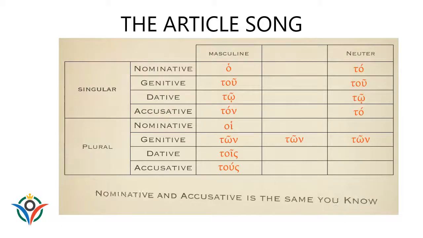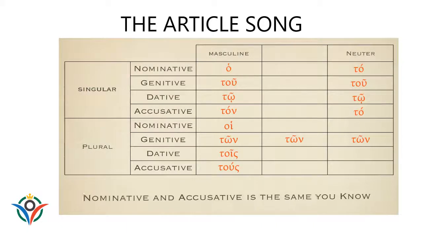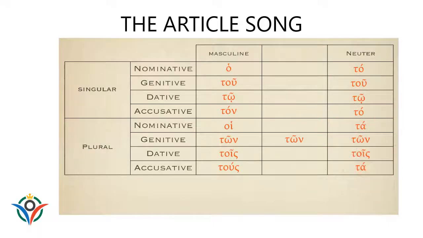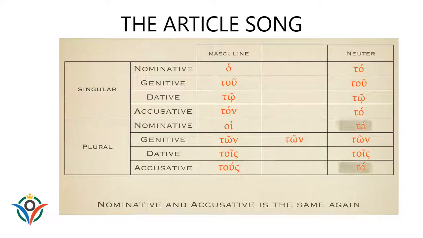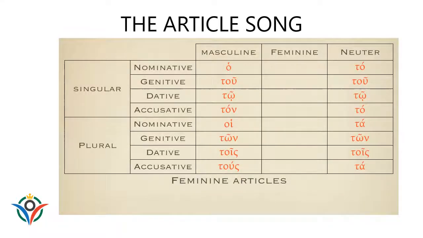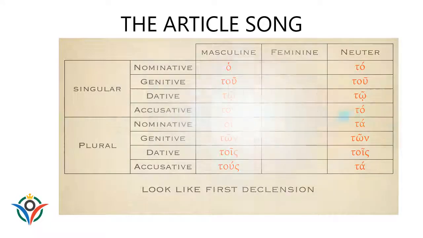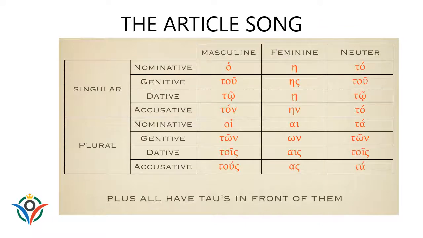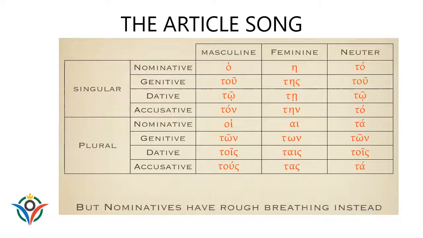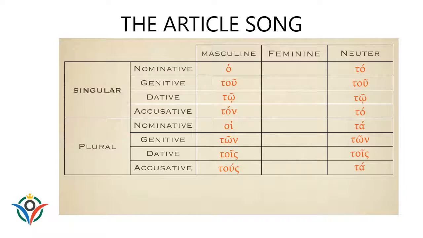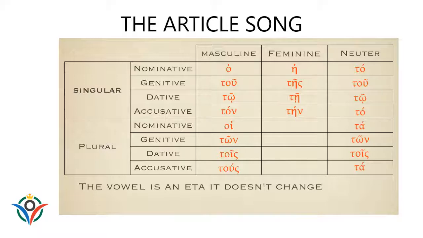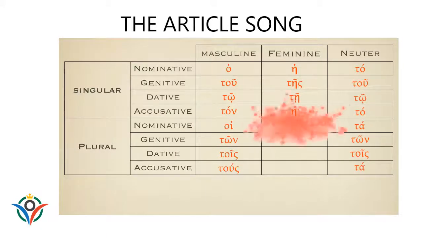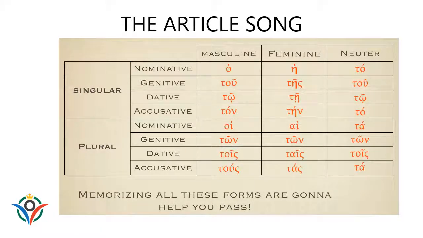Nominative and accusative the same, you know. Neuter, plural. Ta, tone, toys, ta. Nominative and accusative is the same again. Feminine articles look like first declension, plus all have towels in front of them, but nominatives have rough breathing instead. Feminine, singular. Hey, taste, tay. The vowel is an eta, it doesn't change. Feminine, plural. High tone, ties, tas. Memorizing all these forms are gonna help you pass.